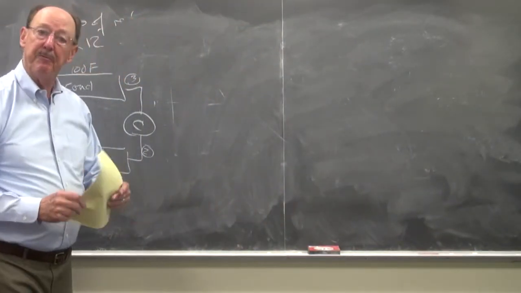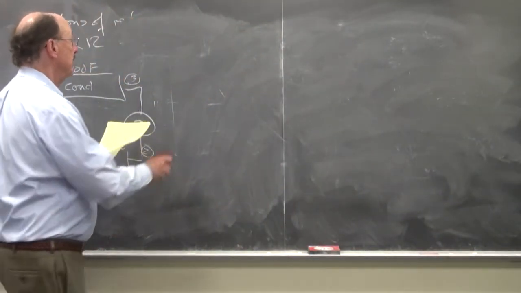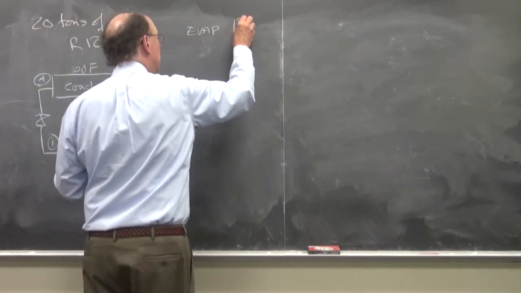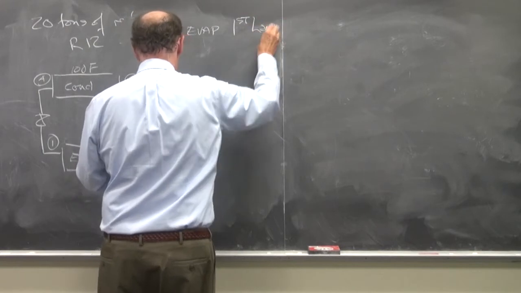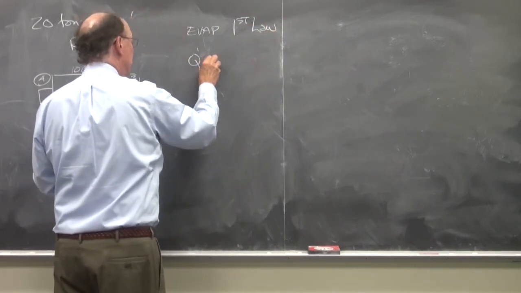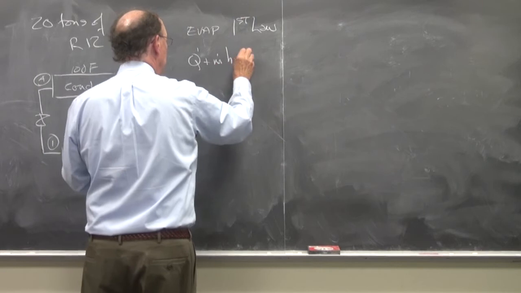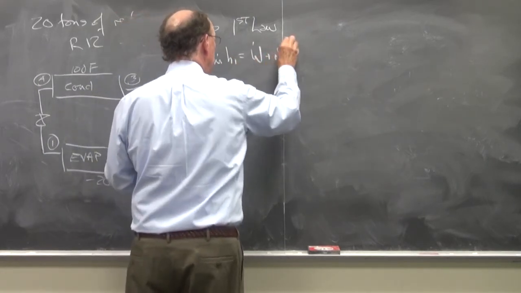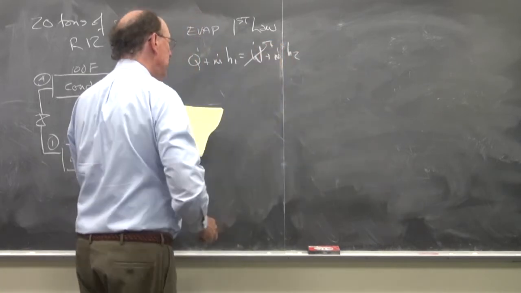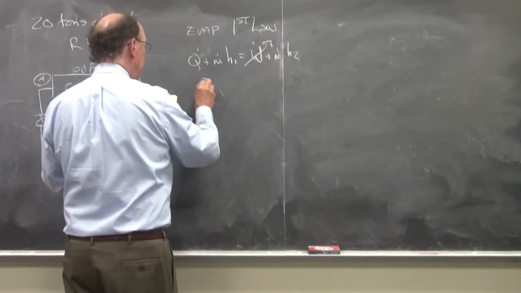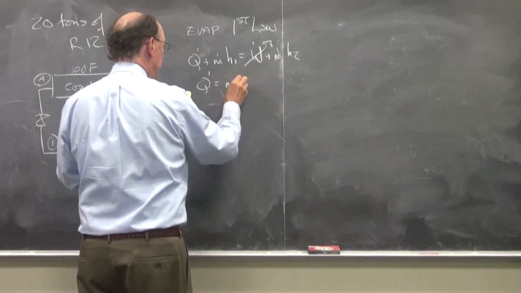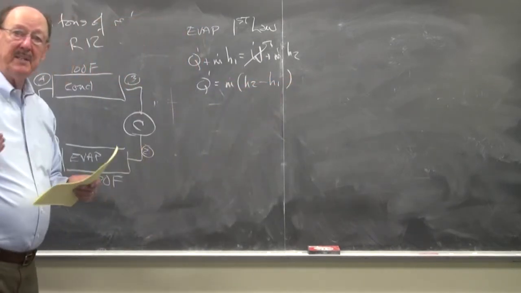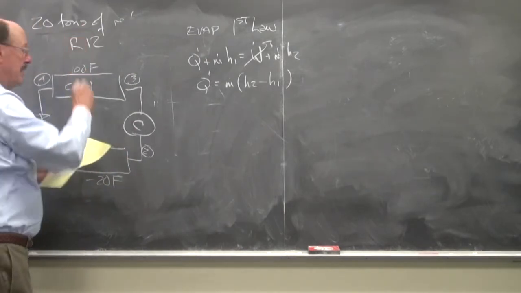If I do a first law analysis on the evaporator, I start with the evaporator. First law: I have Q dot plus m dot H1 is equal to W dot plus m dot H2. There's no work done, so Q dot is equal to m dot times H2 minus H1. And we know what the heat is because we're told it was 20 tons.